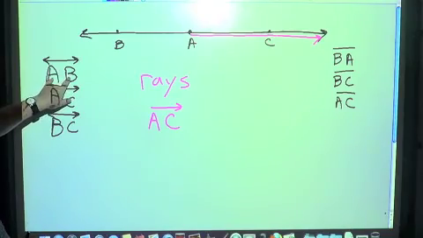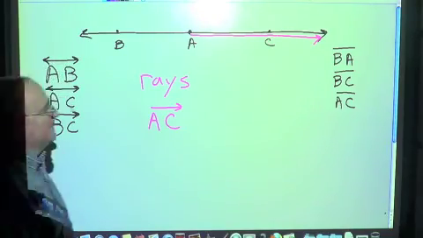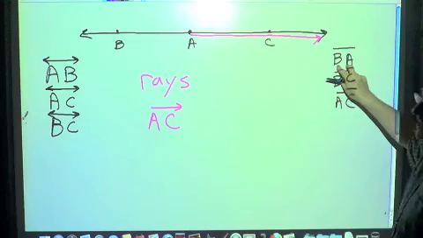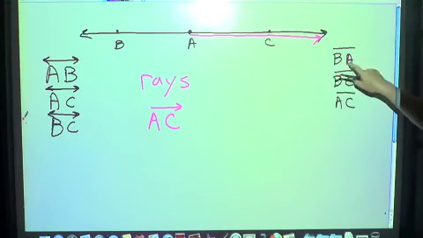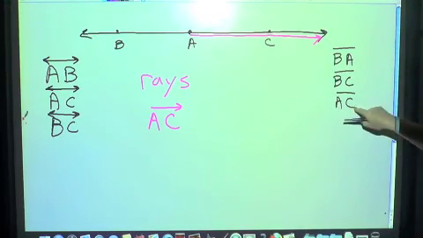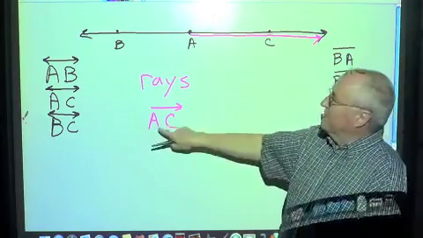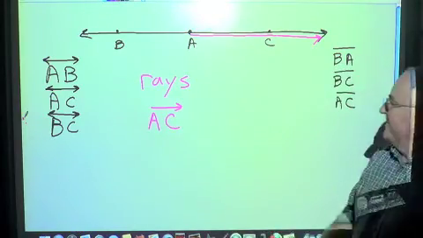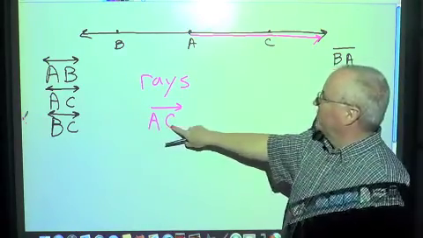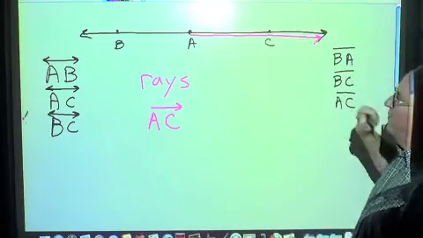This tells me you're talking about a line that goes through AB. This tells me you're talking about a line segment, a piece of a line that starts with B and ends with A. Okay, same thing here. This tells me you're talking about a piece of a line that starts at A and goes through C and keeps on going through C.